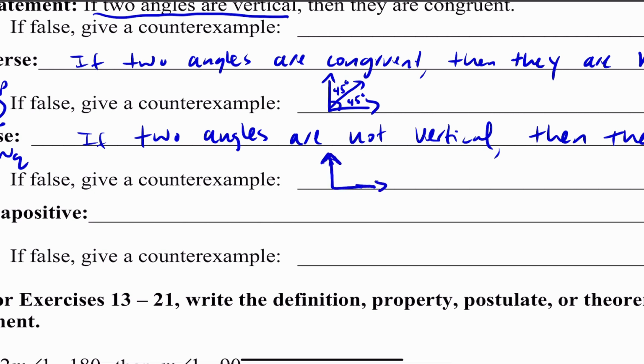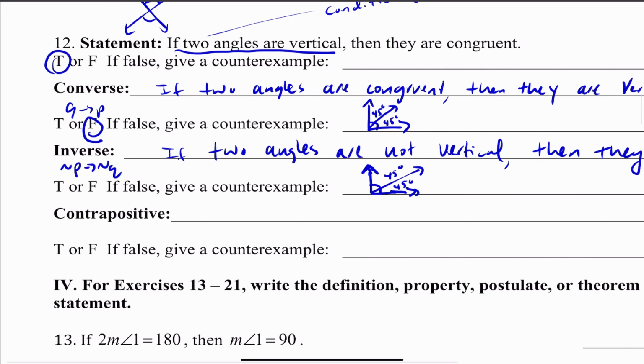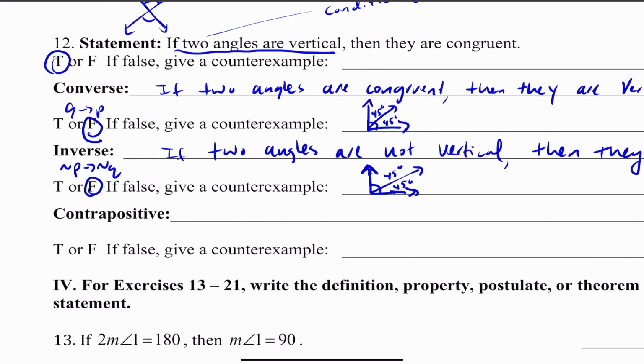I'm using the previous counterexample. Look, I have these two angles that are not vertical. Does it mean that they are not congruent? Well, they are. These are congruent, so this has to be false. Okay? So you can see that, remember, with the related statements, the converse and the inverse pair up nicely. So if the converse is false, the inverse has to be false. Now, if the conditional is true, then the contrapositive has to be true.